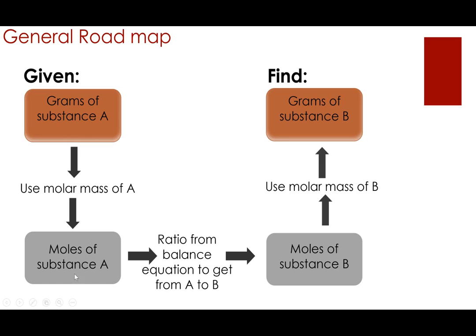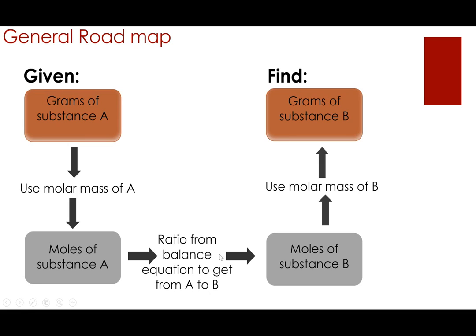So now that we're in the unit of moles, we can use the moles of substance A to predict how many moles of substance B can be made or used. So how do we get from moles of eggs to moles of pancakes? We're going to use that balanced chemical equation. We're going to use the recipe.